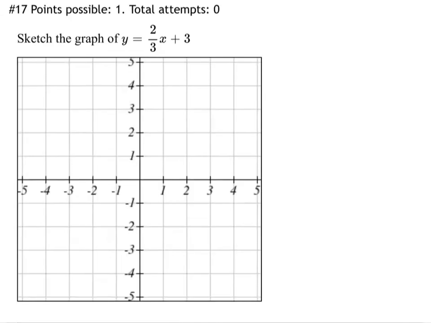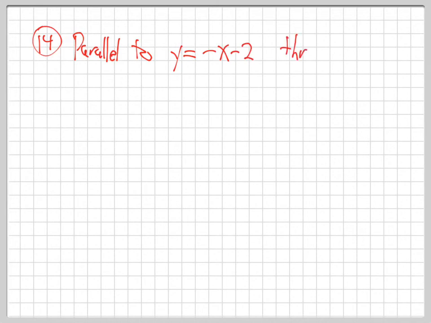Okay, so this is number 14. Parallel to y equals -x minus 2. Going through the point -4, -3.